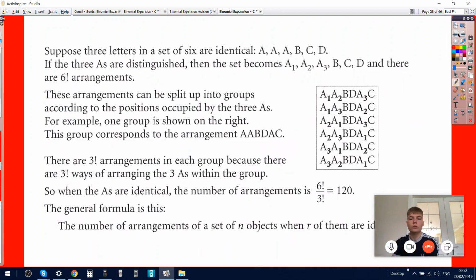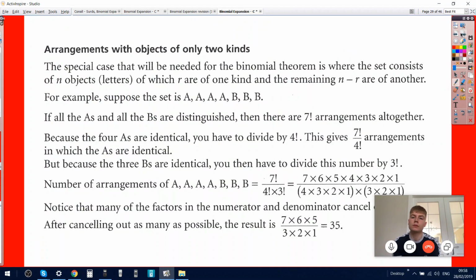Hang on. How about this one up here? 6 factorial over 3 factorial. Yeah, so you've got the idea there. Okay, how would we deal with this one?